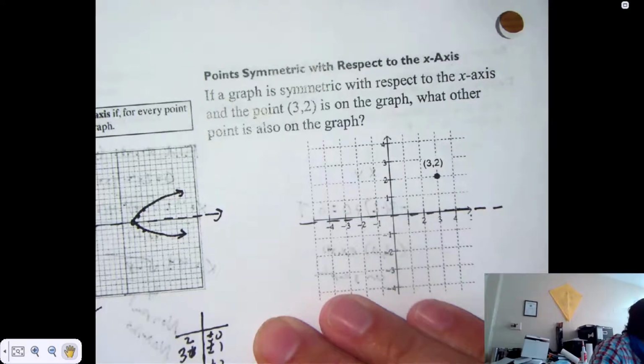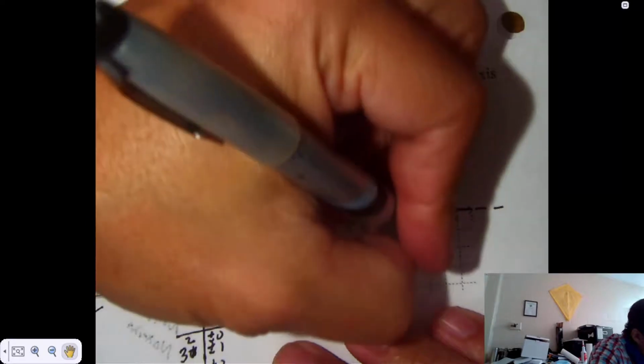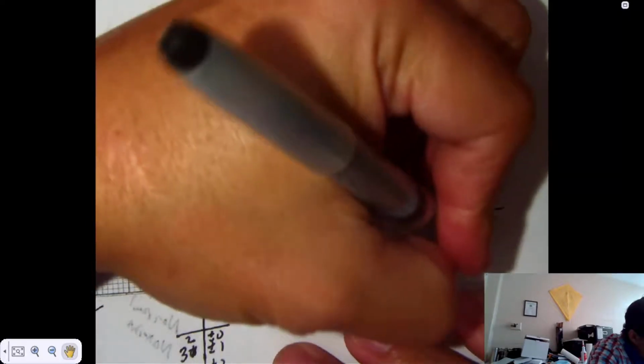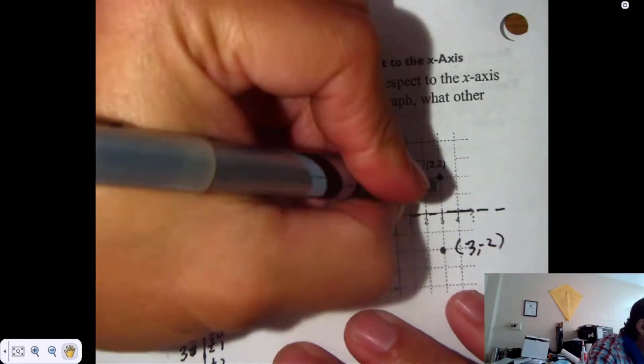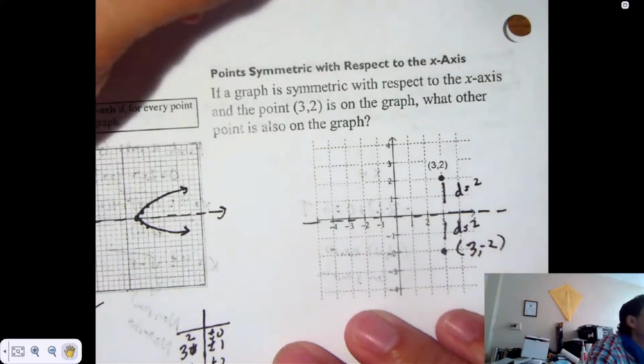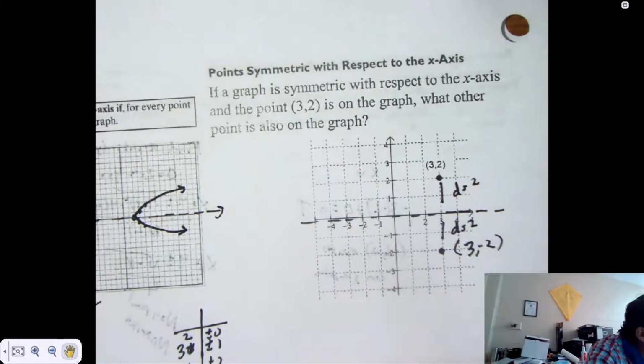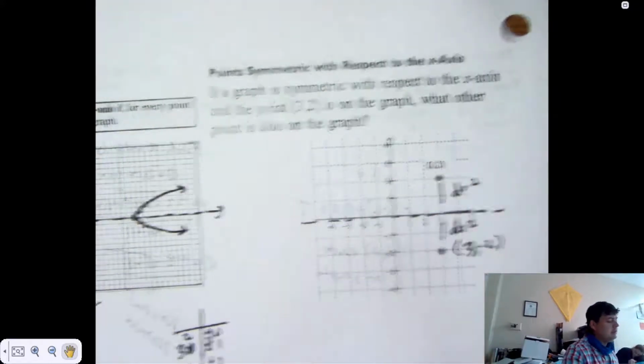Not negative 3, 2. 3, negative 2. Because of distance. The distance there is 2, so the distance has to be repeated. You can also follow that function rule, which is over on the right. We're going to rewrite that a little bit differently.